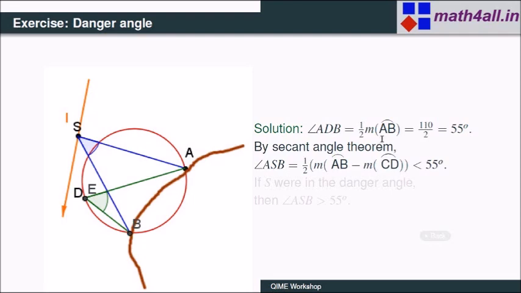So that is 55. Then we use the secant angle theorem, that ASB is half the measure of angle AB minus half the measure of angle CD, so less than 55. So S is the danger angle, which should be at least 55. So that 55 is the angle for the same.